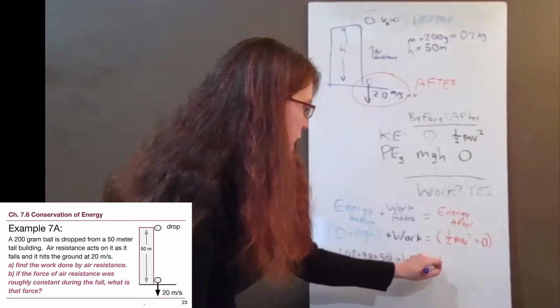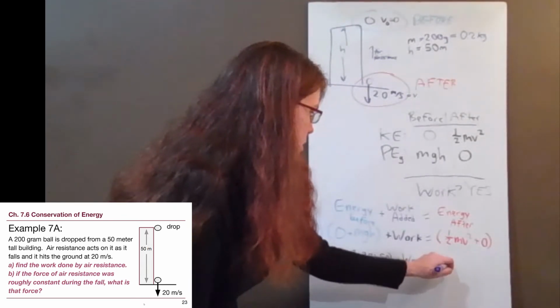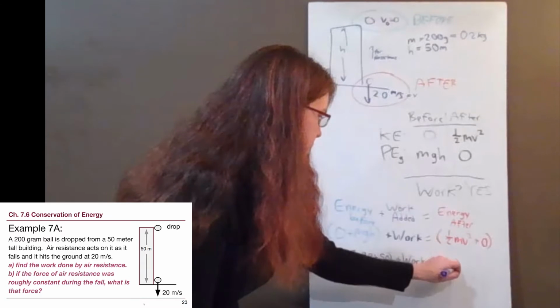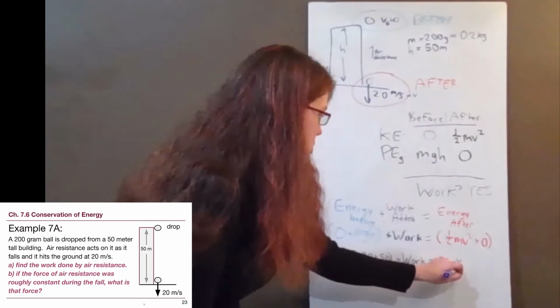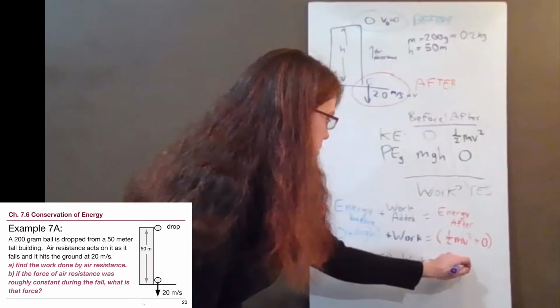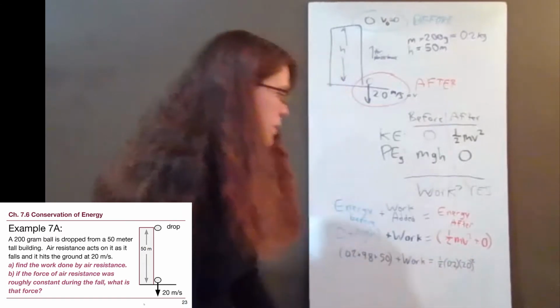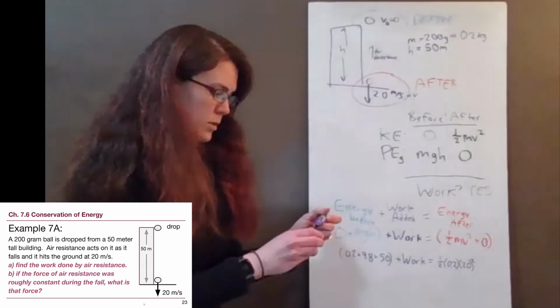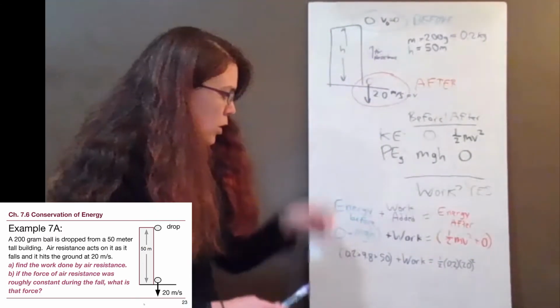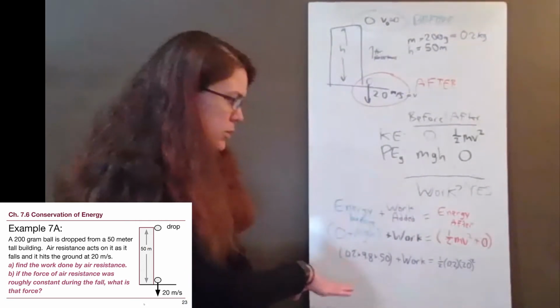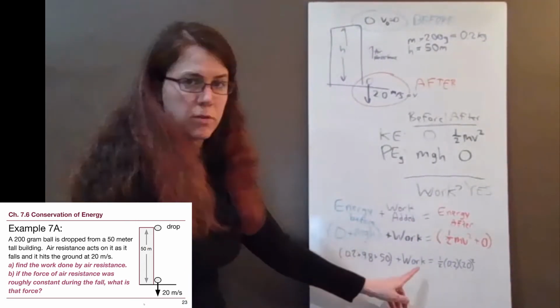And then we have 1/2 times 0.2 times our 20 squared. Okay. So we will plug all those numbers in, and then we'll solve for work.